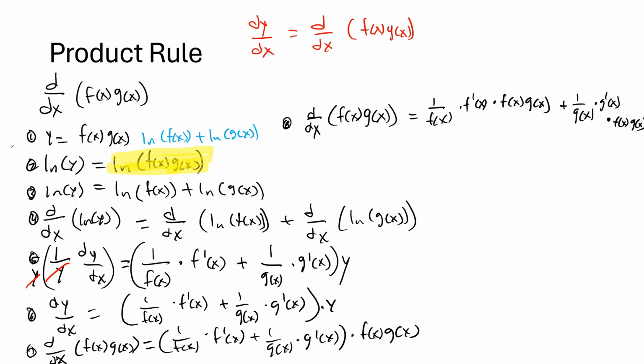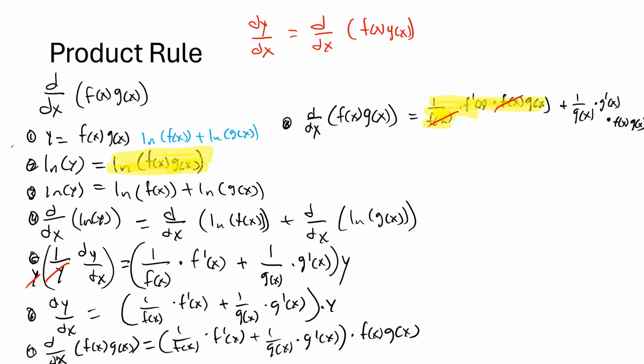Okay, so let's focus here on this term first. Let me use a highlighter here. So for this term right here, what can we simplify? We can cancel out the f of x here. So then we'll get f prime of x, g of x.